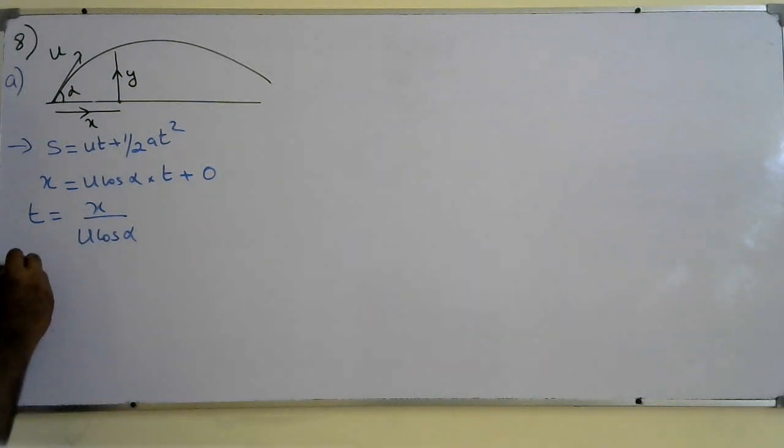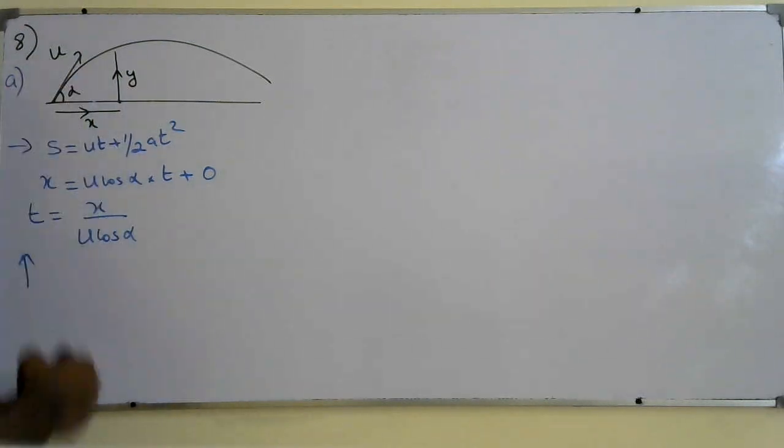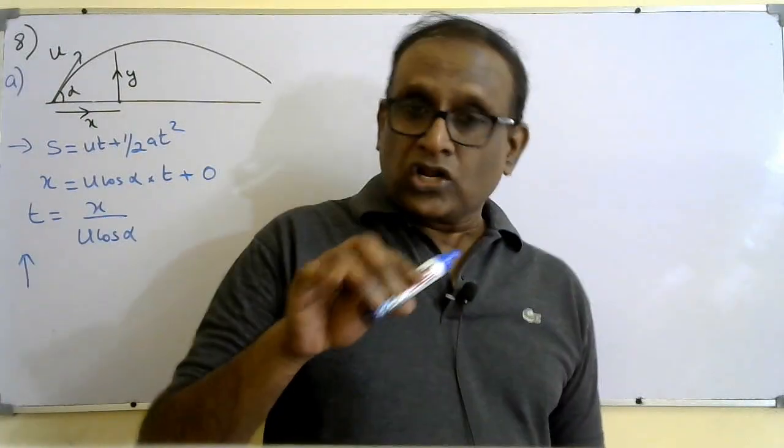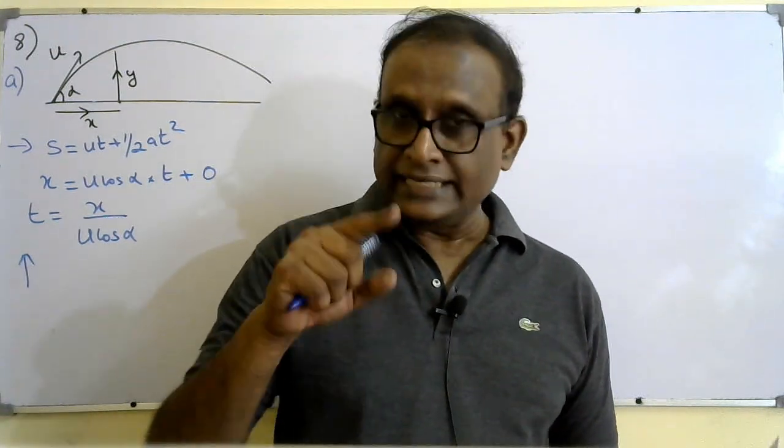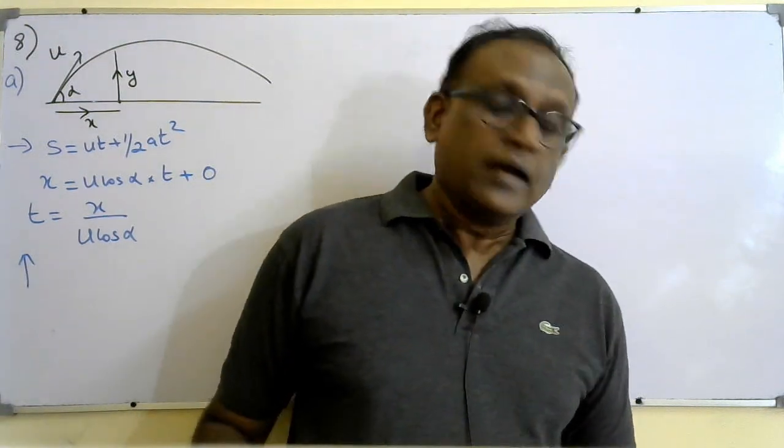Now I use vertically upwards. The displacement is up and the vertical component of initial velocity is in the same direction. I am telling it specifically because I need this idea for the last part, the C part.